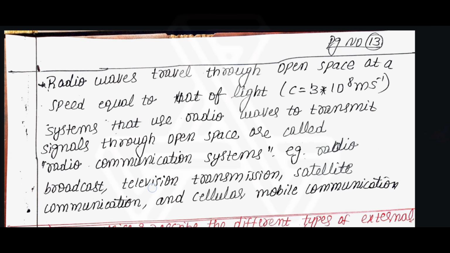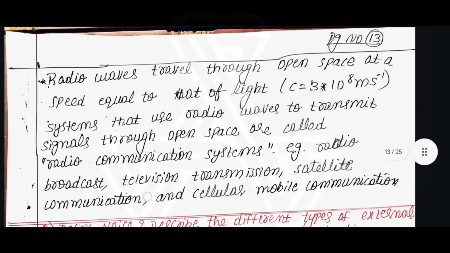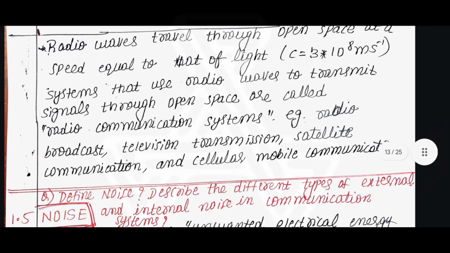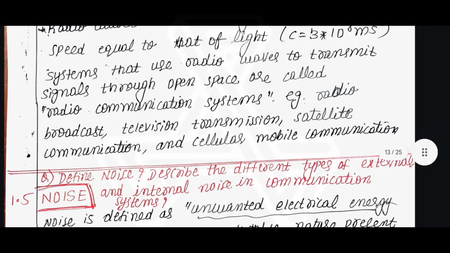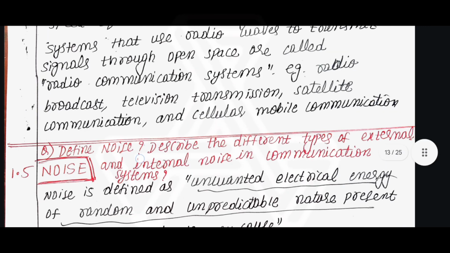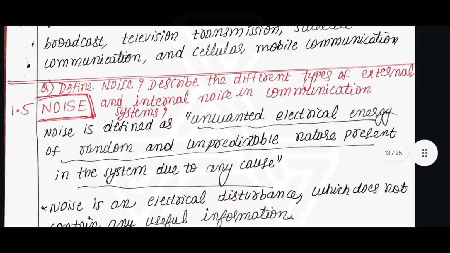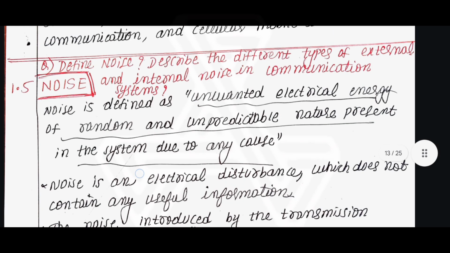Radio waves travel in open space at the speed of light, c equals 3 times 10 to the power 8 meters per second. Systems that use radio waves to transmit signals through open space are called radio communication systems. Examples are radio broadcast, television transmission, satellite communication, and cellular mobile communication.